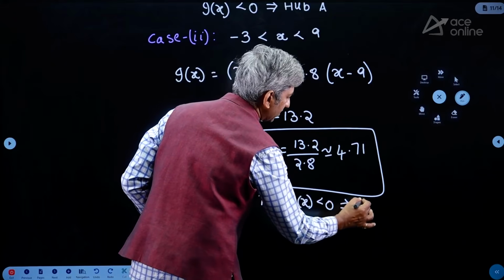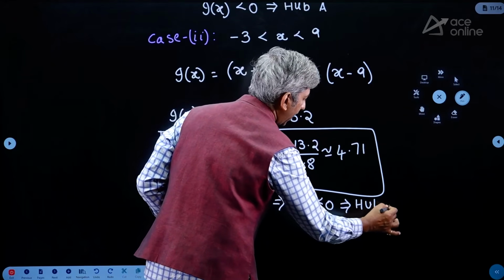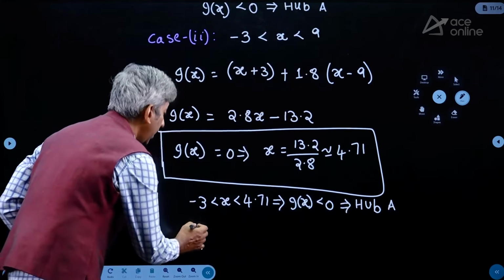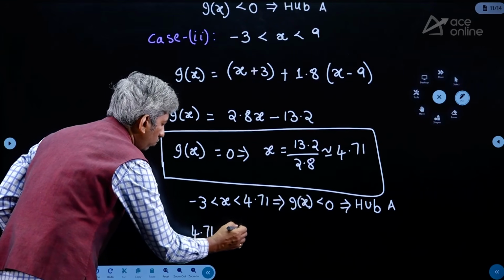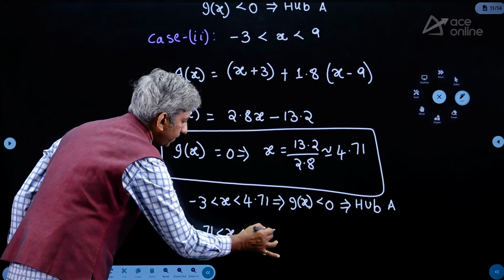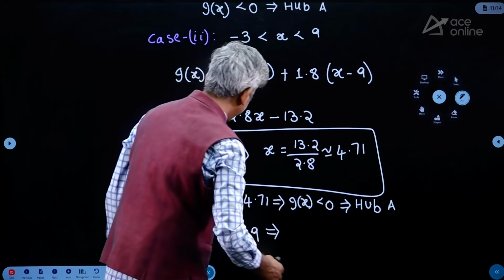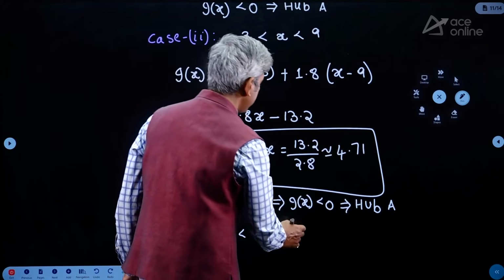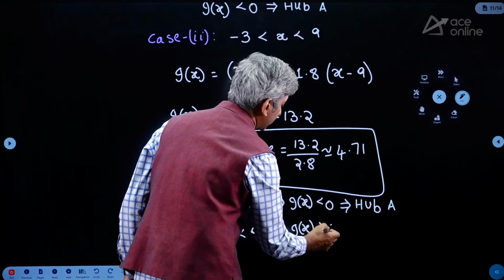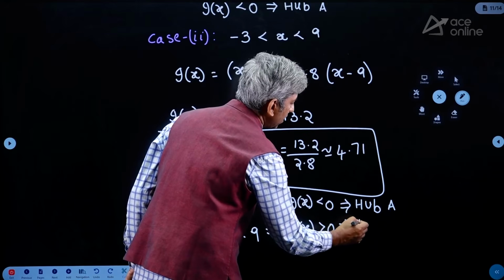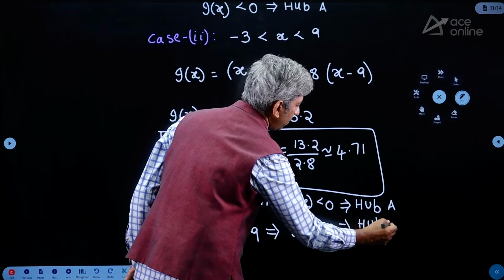That means it is assigned to hub A, and anything in between 4.71 to 9 gives g of x greater than 0. That means it is assigned to hub B.